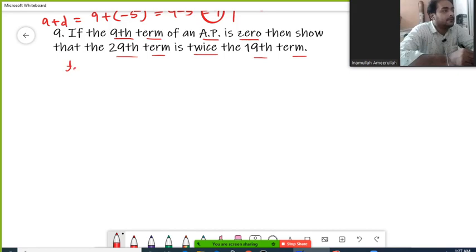So according to the given information, the ninth term, which means T9, is 0.